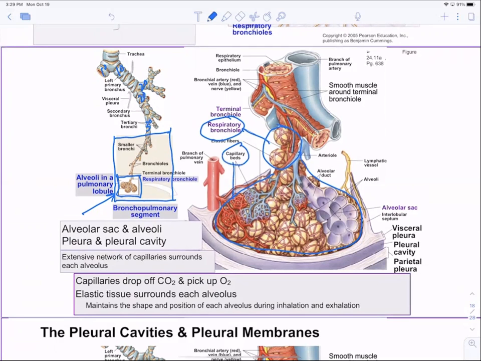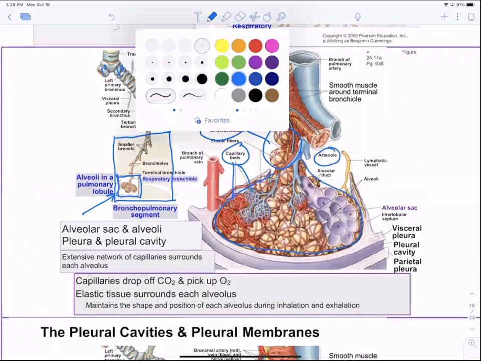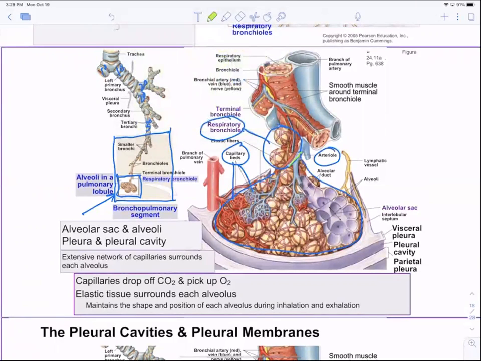So pulmonary capillaries. And as it's going, remember, pulmonary arteries are going to be the blue because it's deoxygenated blood here. And as it's passing by, there's gas exchange here. And you're loading up with oxygen.